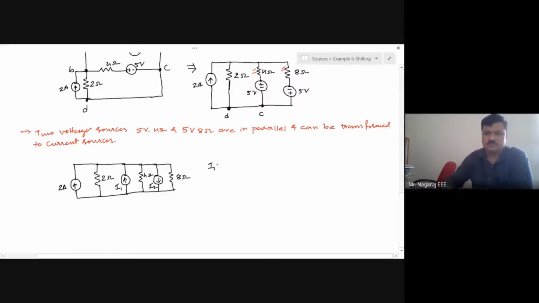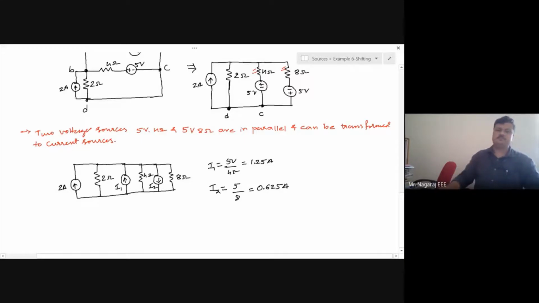So I1 is equal to 5 by 4, it is 1.25 amps, and I2 is equal to 5 by 8, it is 0.625 amps.